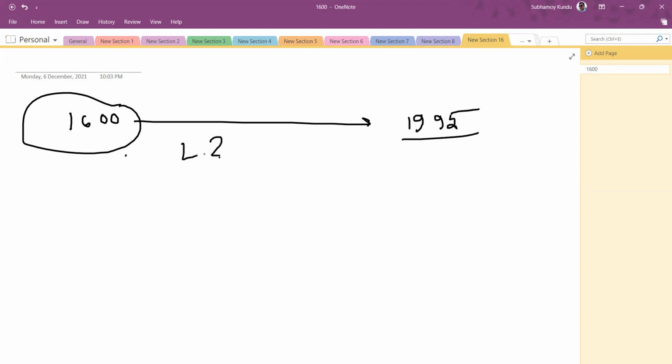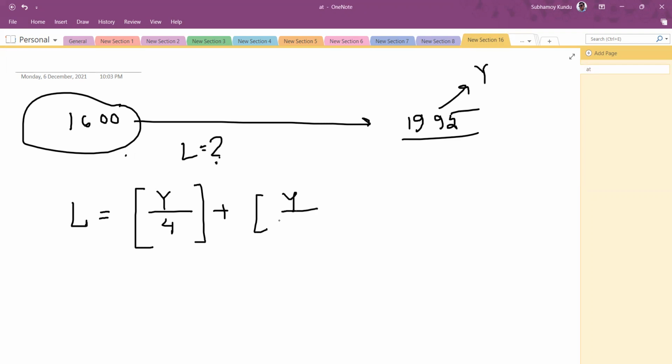So L is nothing but what we have discovered: floor of y by 4, this is the starting year, plus y by 400 minus y by 100 minus 388.